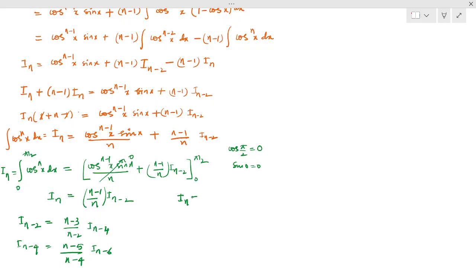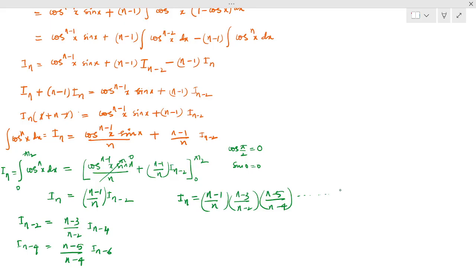Start with I_n. First write (n minus 1) by n into I_(n minus 2). What is I_(n minus 2)? Substitute (n minus 3) by (n minus 2). What is I_(n minus 4)? I_(n minus 4) value is (n minus 5) divided by (n minus 4) times I_(n minus 6), expressing continuously.